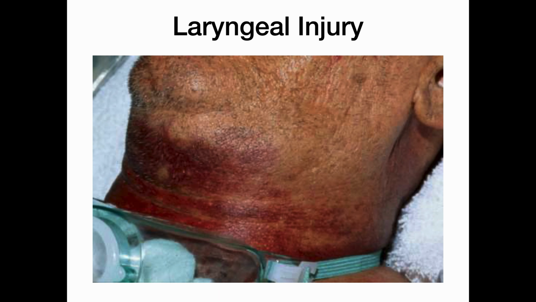We see quite a lot of laryngeal injuries for some reason. It's quite common because the larynx being an exposed area, it's quite common for patients to fall and hit the larynx. And really, whenever you're older, everything calcifies, so your larynx is no different to that.